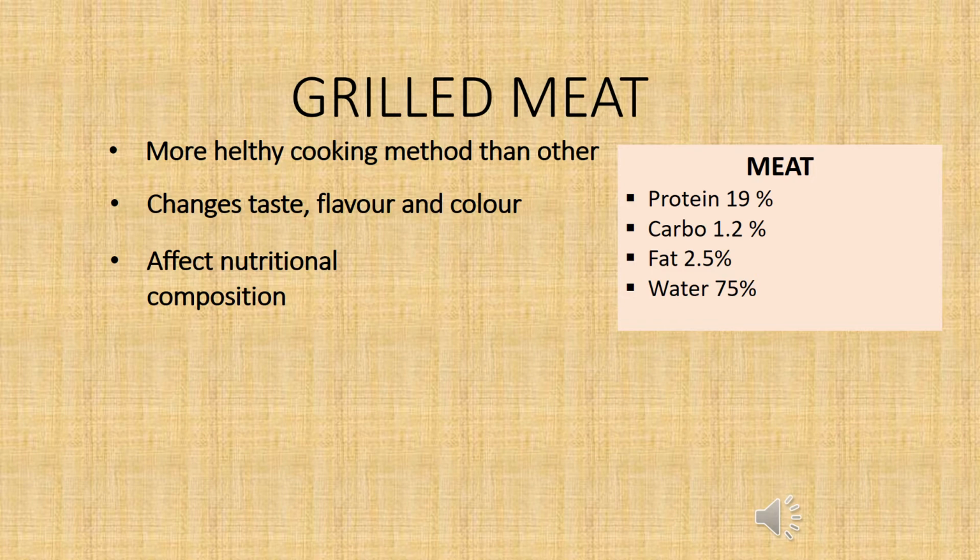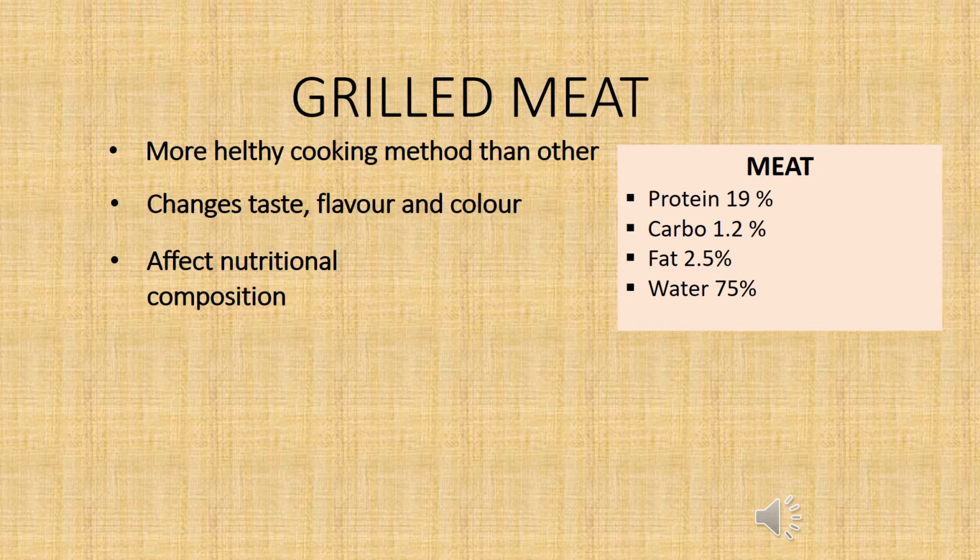Now we go through the meat before we go into more detail about grilling meat. First, we should know what meat is. Meat is a good quality source of protein that is essential for humans. But if we consume too much meat, it can cause bad effects to our health.